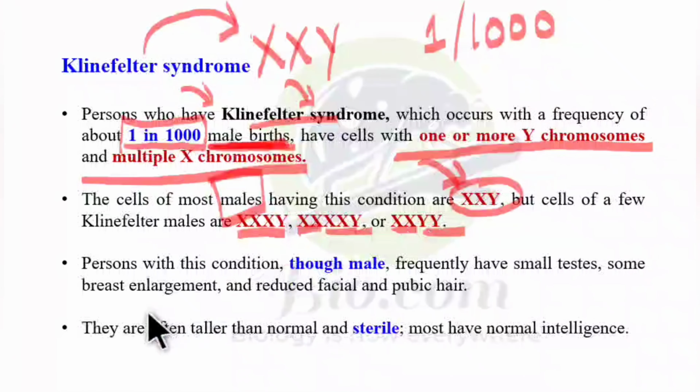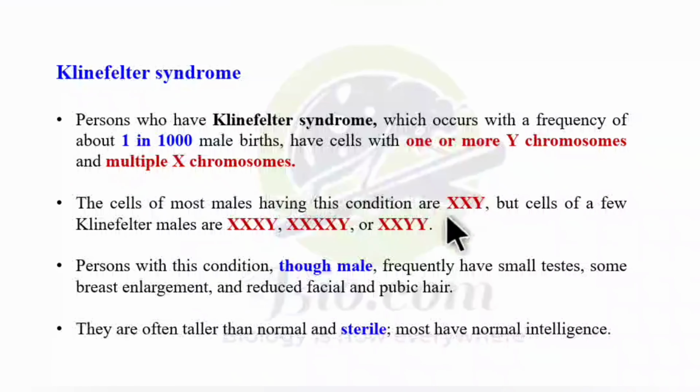But also it was observed that in Klinefelter males, the genotype is XXY, XXXY, or XX and double Y. So it can be represented as the mentioned genotypes. Now there are 3 representations of the genotype of Klinefelter syndrome.